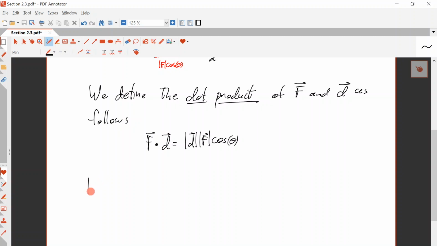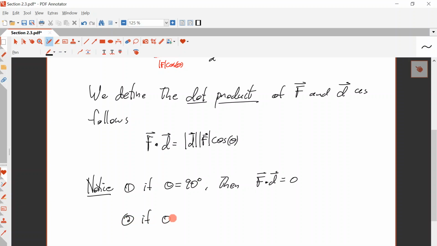Notice the following. 1. If theta is 90 degrees, then F dot D is 0. 2. If 0 is less than or equal to theta, strictly less than 90, then F dot D is positive.